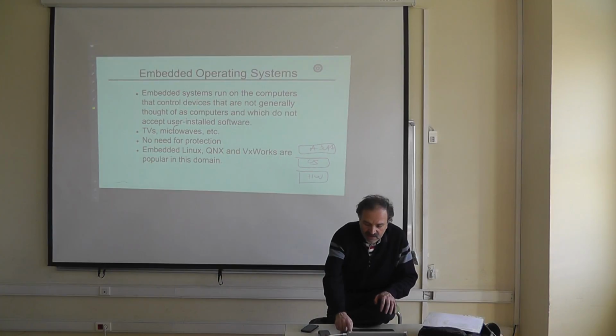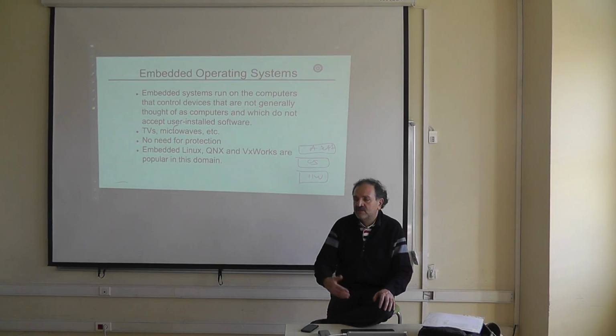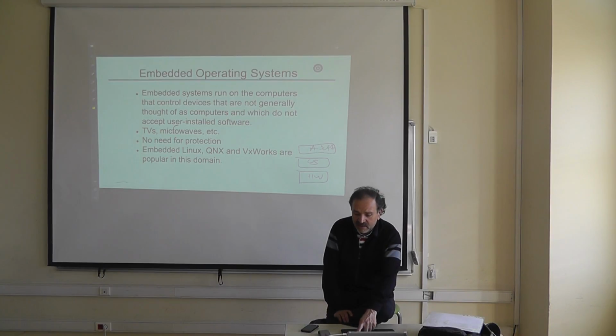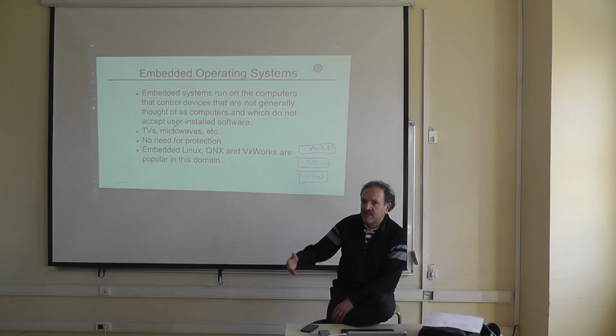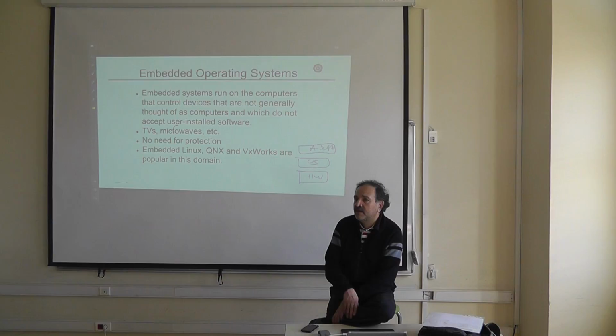For this one, you don't have to be that careful because you are writing your application yourself. That's why embedded operating systems don't have to pay much attention to protection, because the software is their own software. If the application is making an error, it's your application, so fix your application, okay? So there are some advantages.